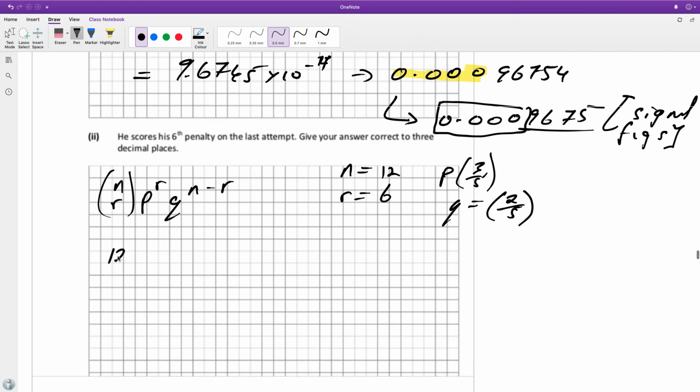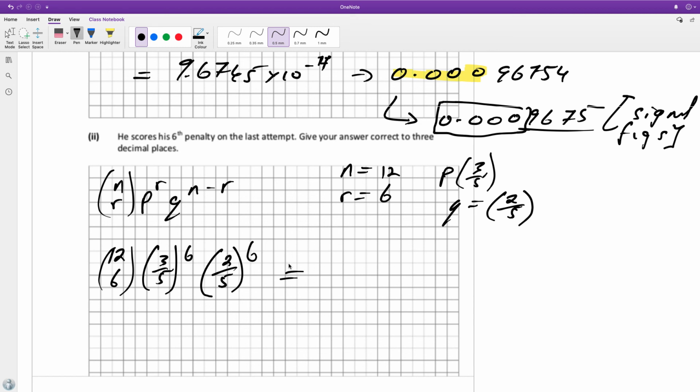2 over 5. So that's 12. Choose 6. P, which is 3 over 5, to the power of R, which is 6, by Q, which is 2 over 5 to the power of 12 minus 6, which is 6.